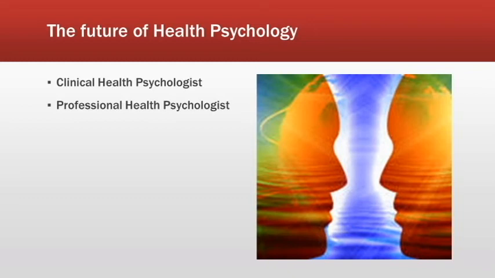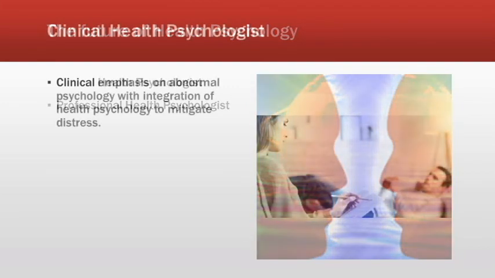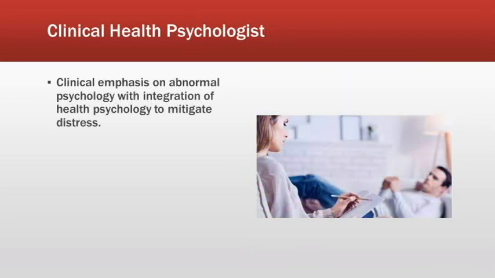A trained clinical health psychologist would tend to work within the field of physical health, including stress and pain management, rehabilitation for chronic patients, those suffering, for example, from cancer or cardiovascular disease, or the development of interventions for problems such as spinal cord injury or disfiguring surgeries.